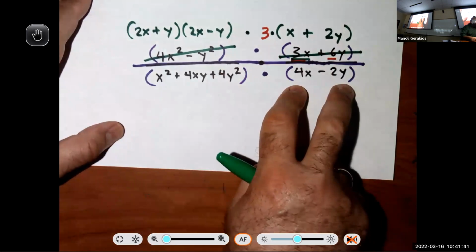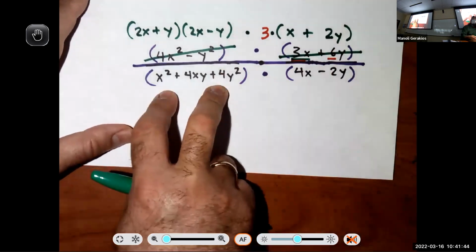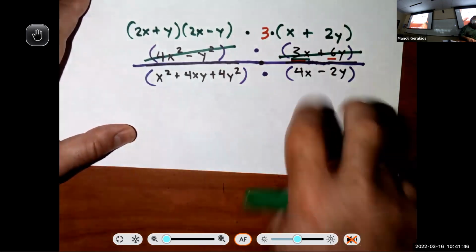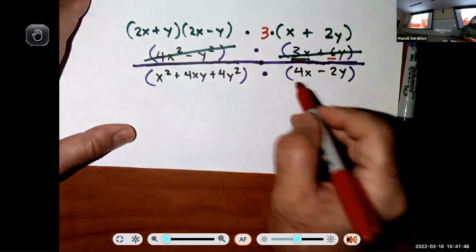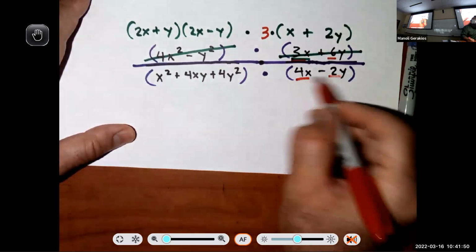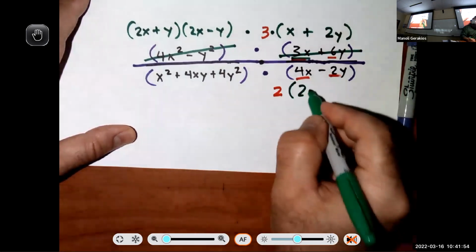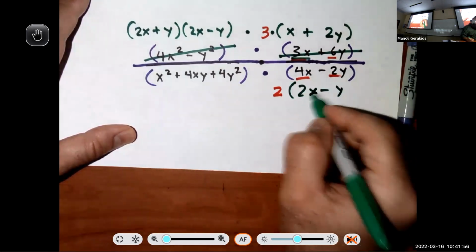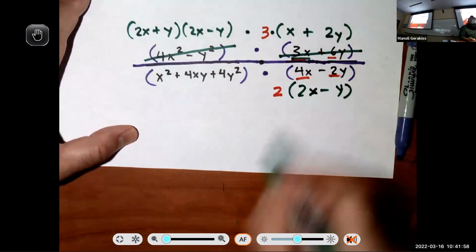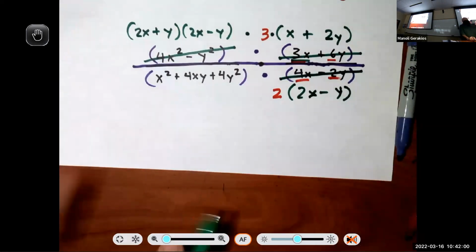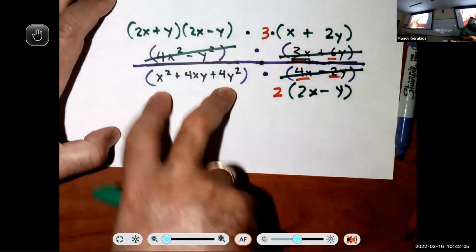Sometimes I do all the easy ones and then hold the hardest one for last. I'm like everybody else, right? All right, so what about this one? Between 4 and 2, there's a 2, right? Good job. 2x minus y. Slash these out. Slash the original polynomial out. Okay, what's next?